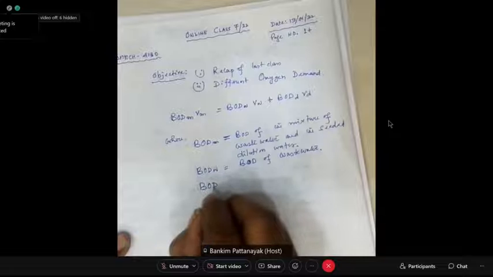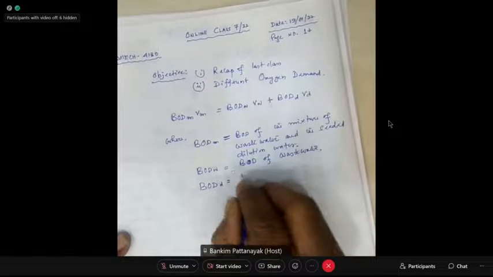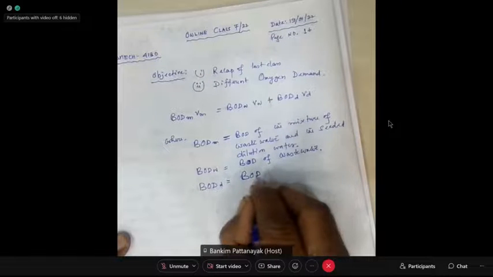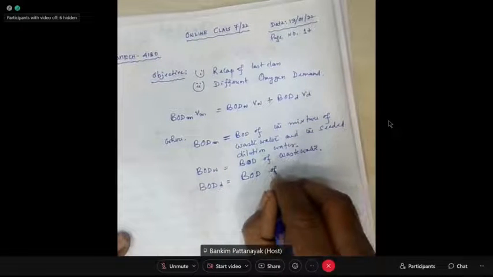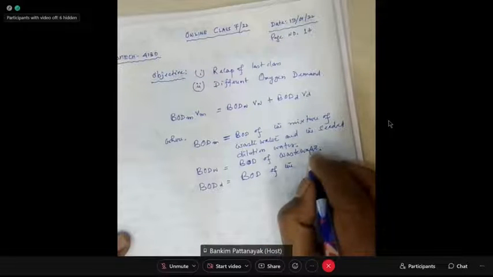BOD_D is equal to the biochemical oxygen demand of the seeded dilution water alone.